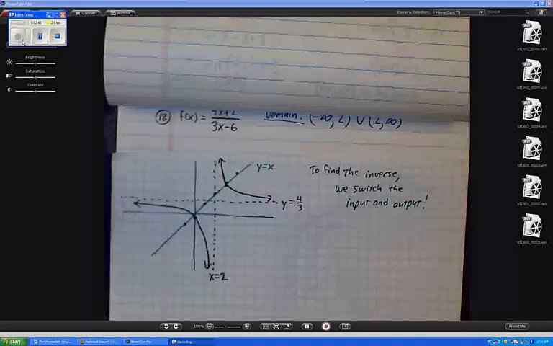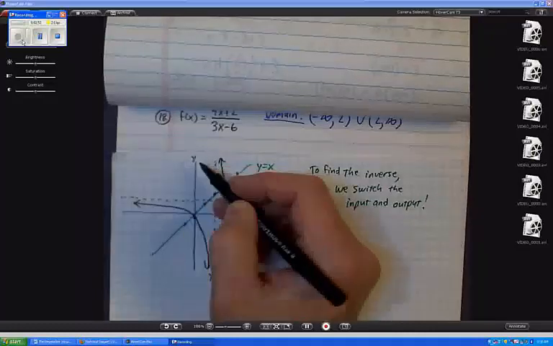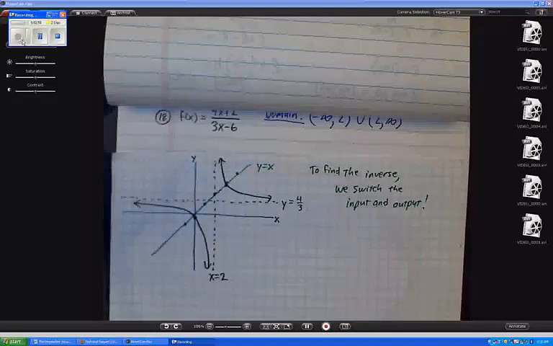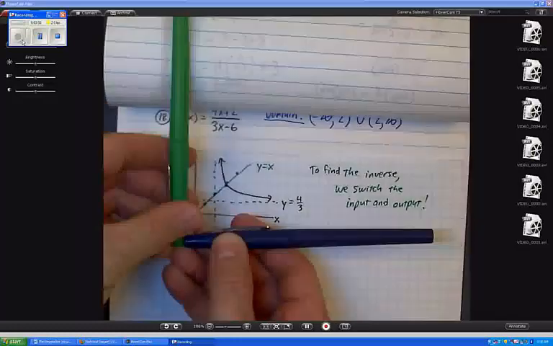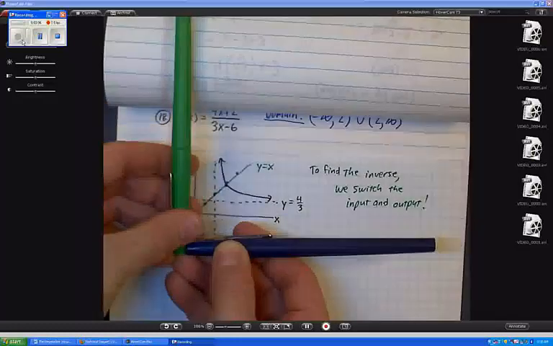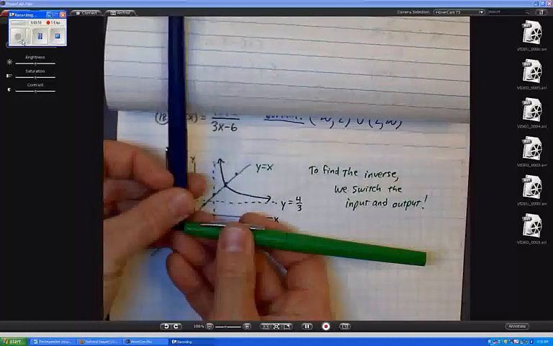X, right? And the output is y, let's say, although I know we've been calling it f of x for this one. But if I switch x and y, what I'm doing, guys, is this. I'm taking the axes. There's the blue and the green. If I switch the input and output, I'm doing that reflection across the line y equals x. Maybe you could see that. If not, let's at least try it now.